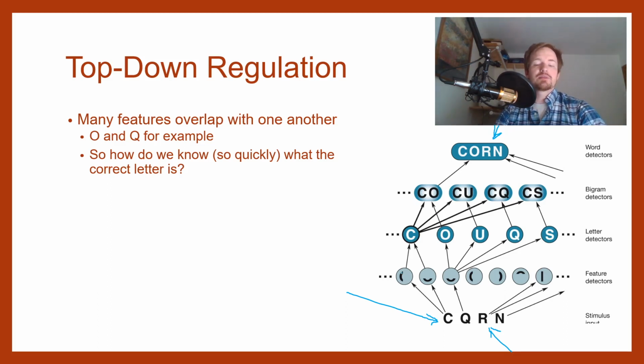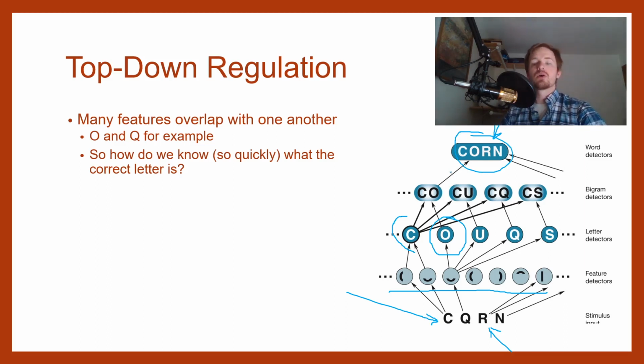Basically, if you get this kind of array of features, we're going to know that it's a C. We're going to get something that looks kind of like an O, and so on. You can just see in this particular example how these different features can correspond with different kinds of letters. Once we see this C, and then if we see something that looks kind of like a Q, we're more likely to mistake that as an O, because this would make a word.